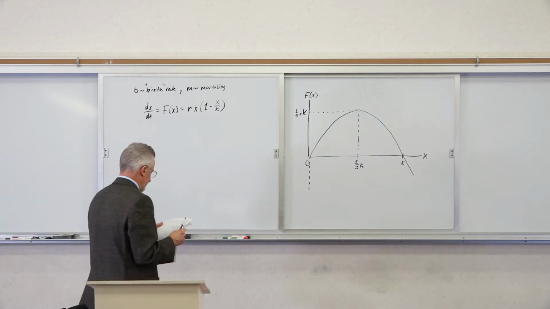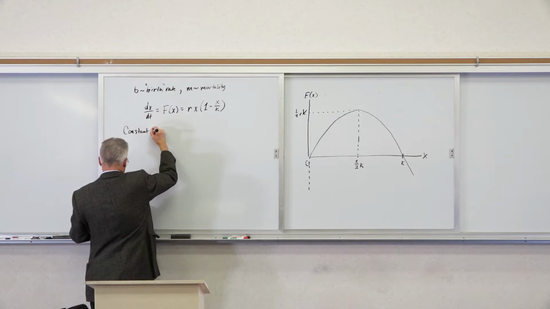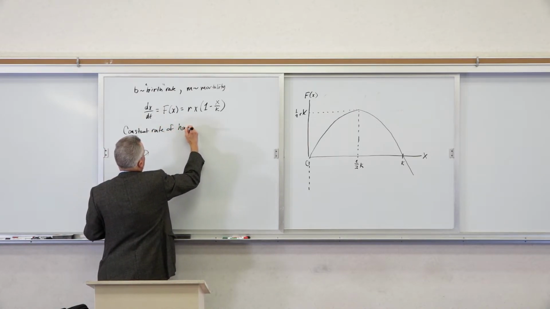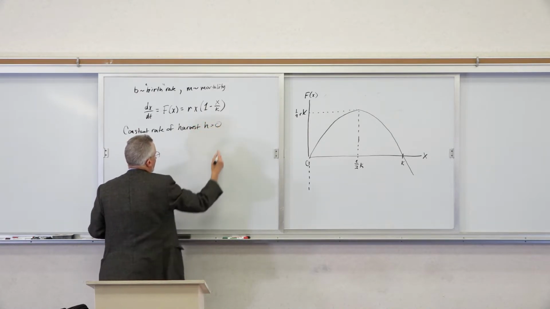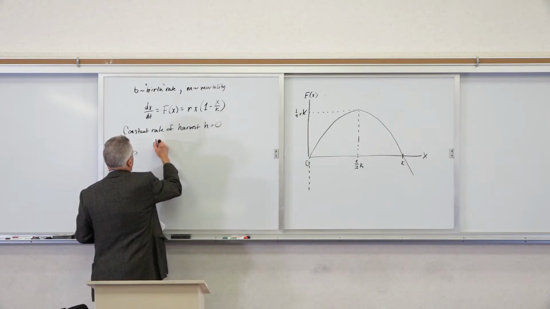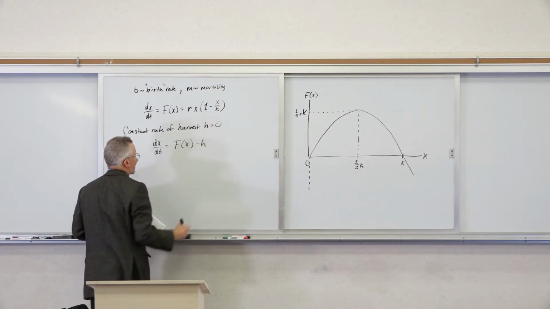With a constant rate of harvest, we'll just call it h, greater than 0, just some constant, we now have that dx/dt is equal to f of x minus h.